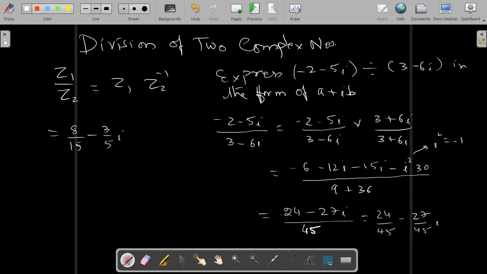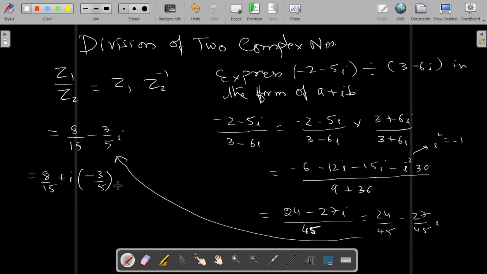So we get the result. This result is simplified as this one. So we can write 8 by 15 plus iota times minus 3 by 5.